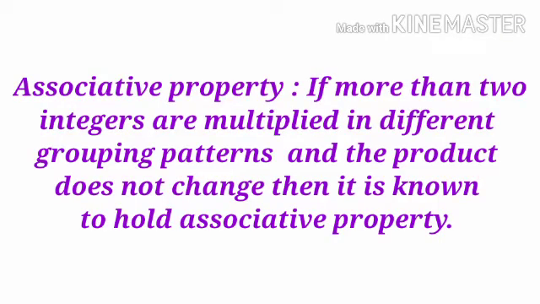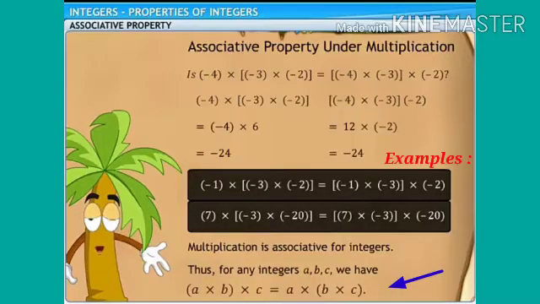Associative property: if more than two integers are multiplied in different grouping patterns and the product does not change, then it is known to hold associative property. To verify that multiplication of integers is associative, let us check whether minus 4 into minus 3 into minus 2 and minus 4 into minus 3 into minus 2 are equal.